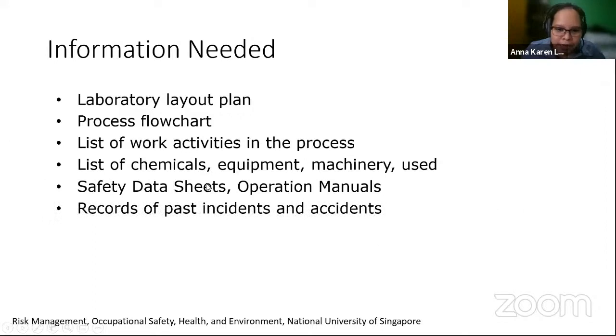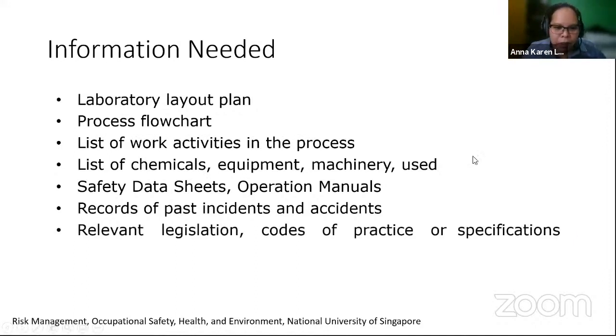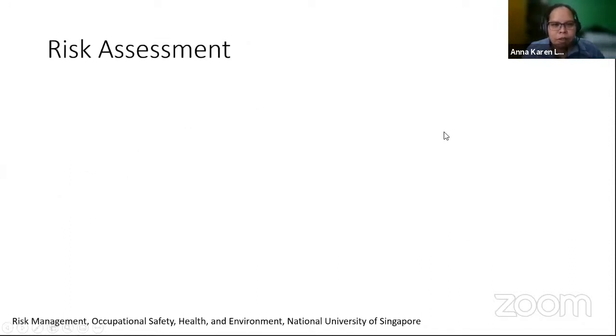Also useful are records of past incidents and accidents, whether in the same laboratory, in similar settings, or in other laboratories. Also relevant legislation, codes of practice or specifications. There will be regulations with regards to flammables, explosives, explosive precursors, etc.